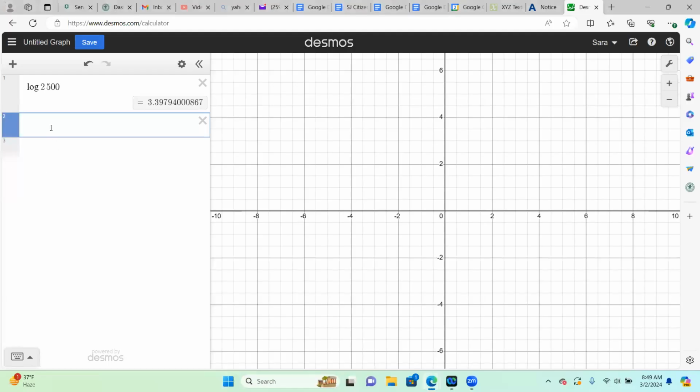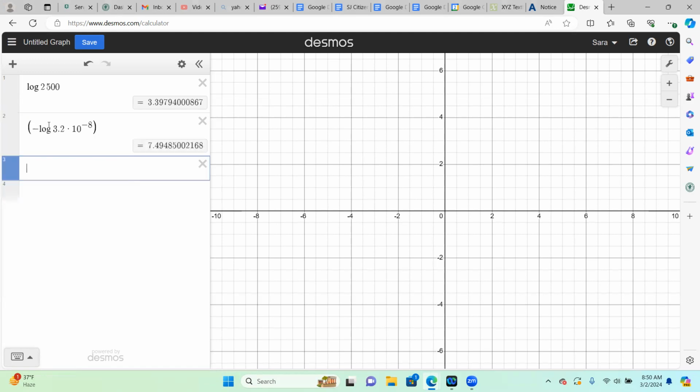We're going to put in a negative log and then parentheses 3.2 times 10 to the negative 8. So this liquid, whatever it is, has a pH of 7.49.